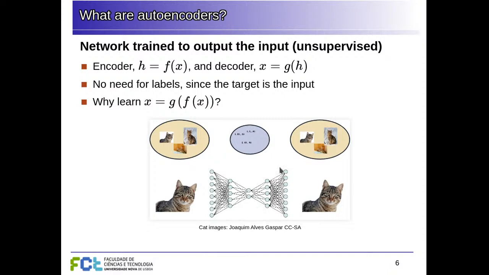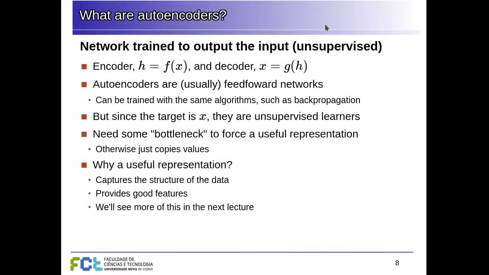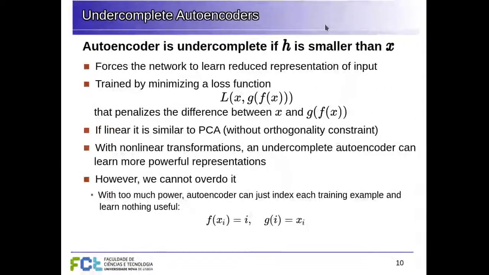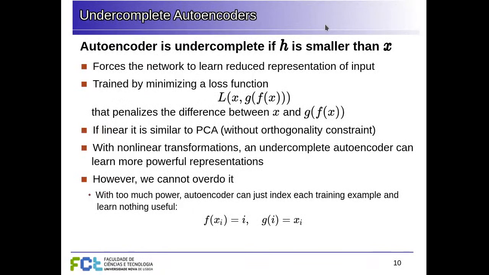And so in an extreme case, the encoding could just give an index. So this is example number 1, this is example number 2, and so on. And the decoder would know what example number 1 looks like, example number 2, and so it would not learn anything useful.